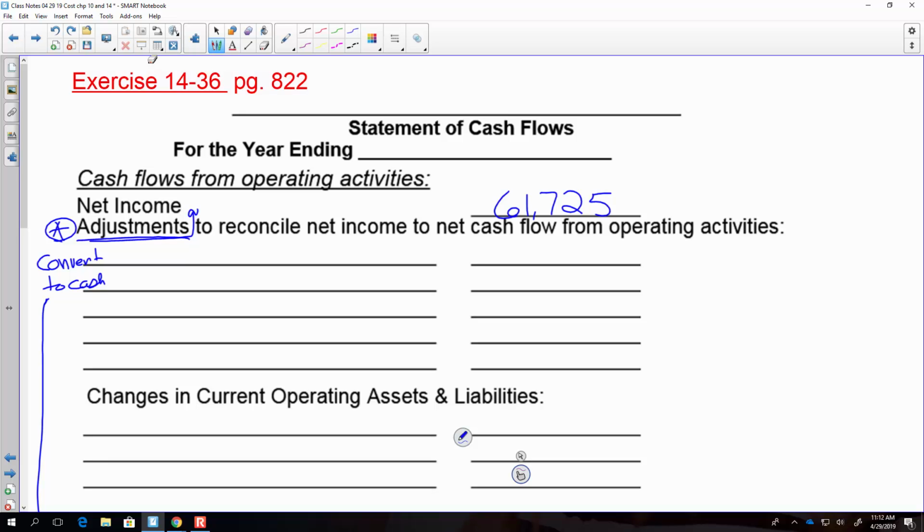Those are all operating, or more specifically, other than the accumulated, current, right? So we're only looking at the current assets, current liabilities section here.